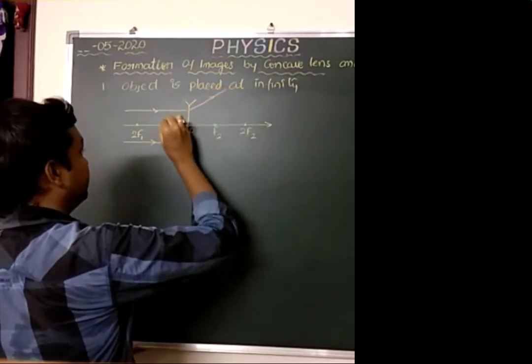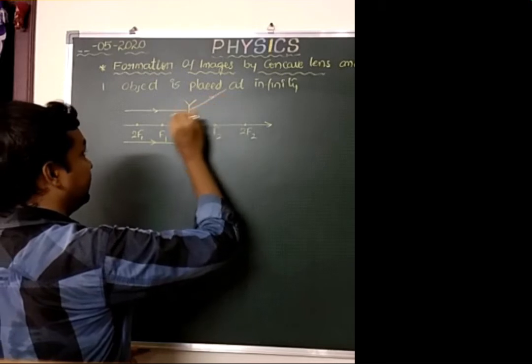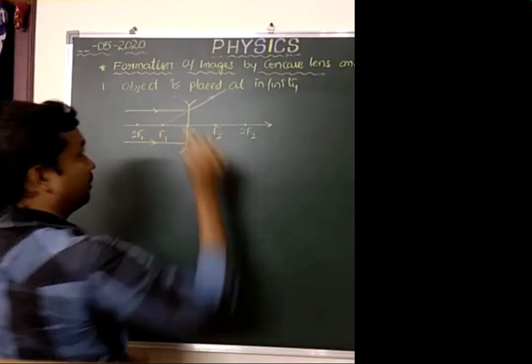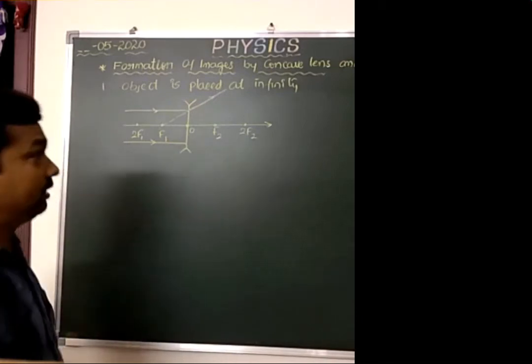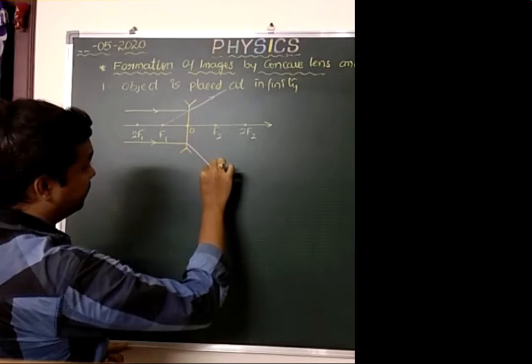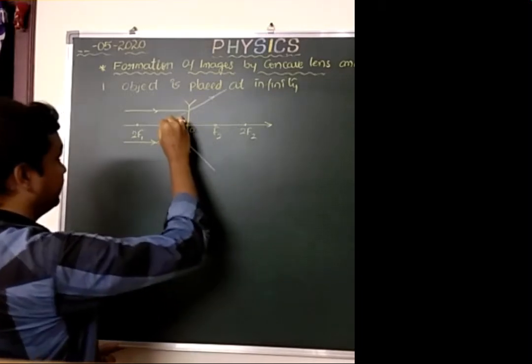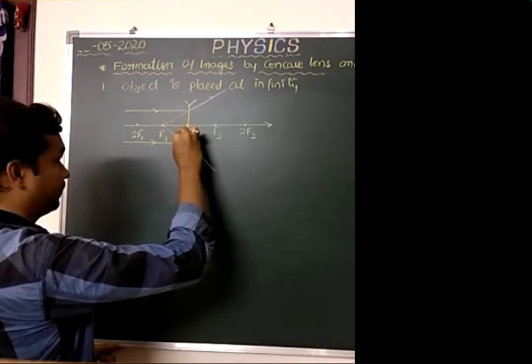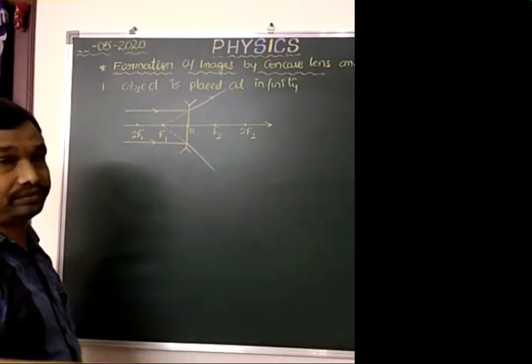The diverging light ray appears to be coming from one point. Similarly, this also diverges, and the diverging light ray appears to be coming from one point.